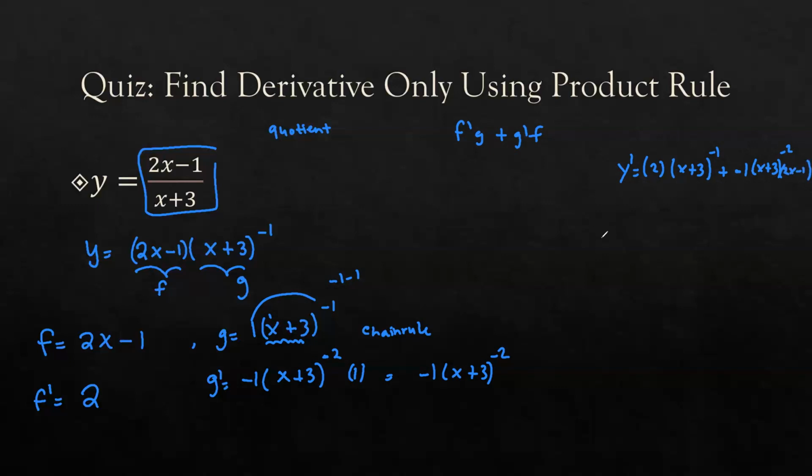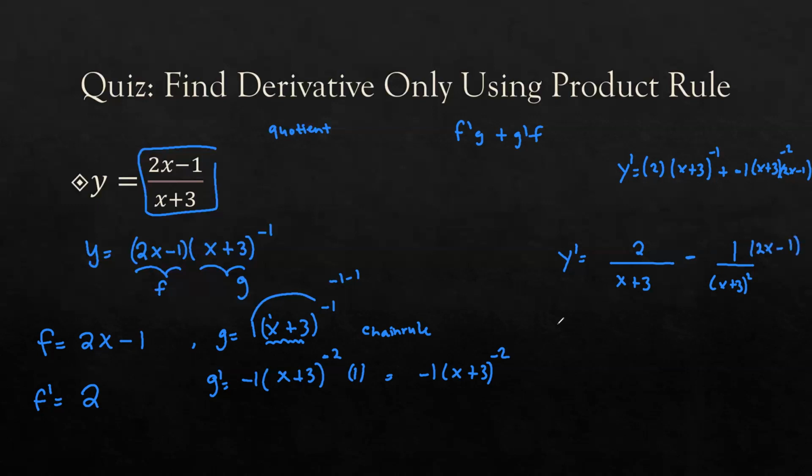You can leave it like that, or if you want to use only positive powers, it would be 2 over x plus 3, because x plus 3 to the negative 1 is 1 over x plus 3. Then you have a minus, and x plus 3 to the negative 2 is 1 over x plus 3 squared, and then the 2x minus 1.